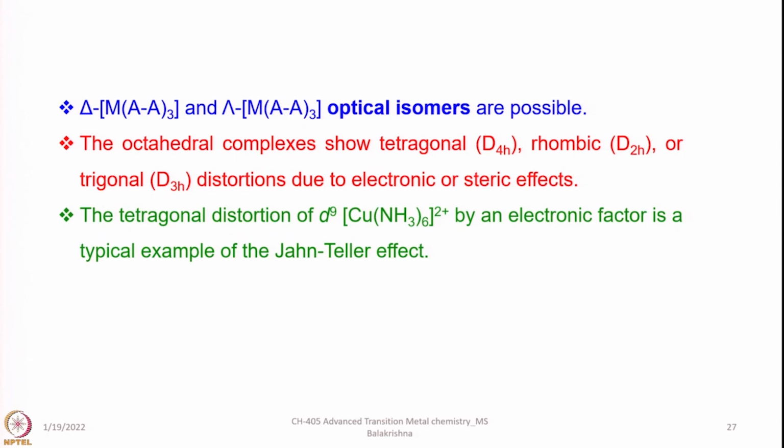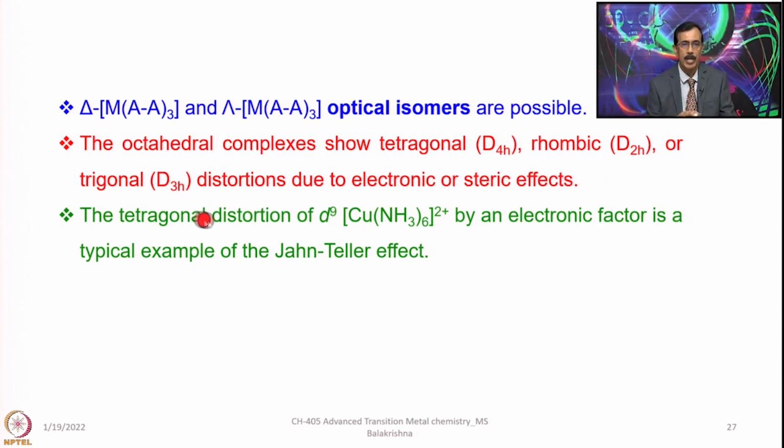The octahedral complexes show tetragonal, rhombic or trigonal distortions due to electronic or steric effects. That means octahedral complexes, even with the same type of ligands, or homoleptic octahedral complexes, need not be regular all the time. They can show some distortion, which can cause elongation of the 2 axial positions, or it can be in the plane, and thus you can come across different types of distortions with different point groups.